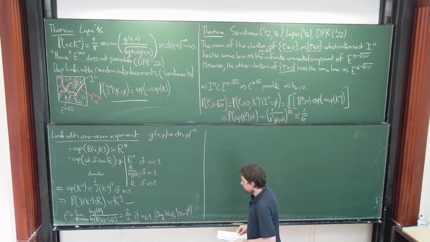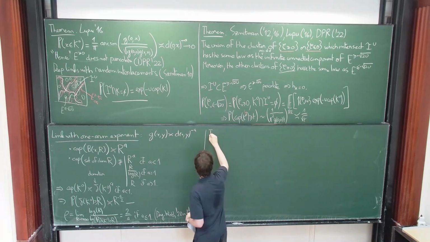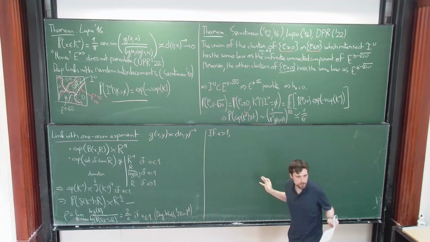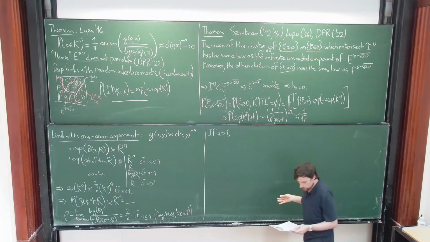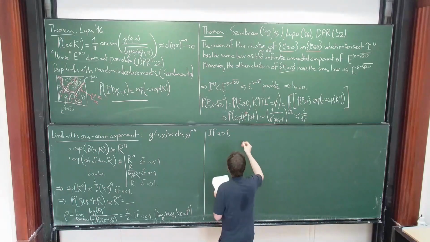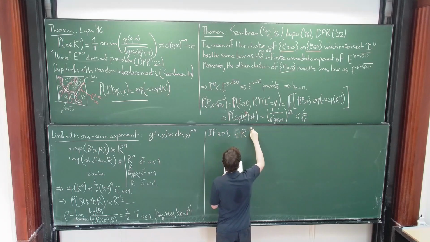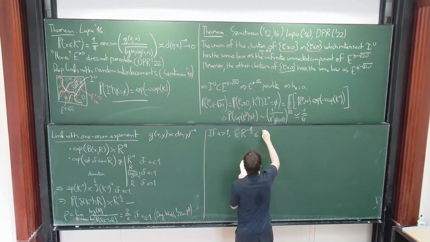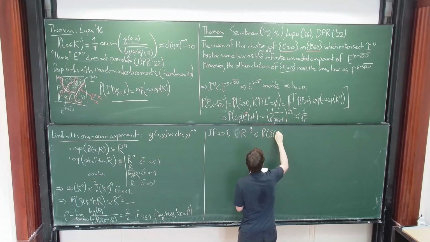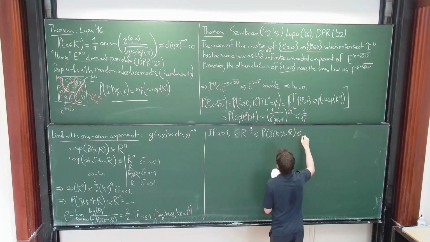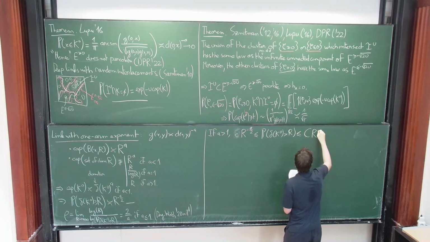Okay, and there's one case that is, however, not working as nicely, and this is the most interesting case. This is the case where a is larger than 1, so d is strictly larger than 3, and then you get that your radius at criticality decays differently.